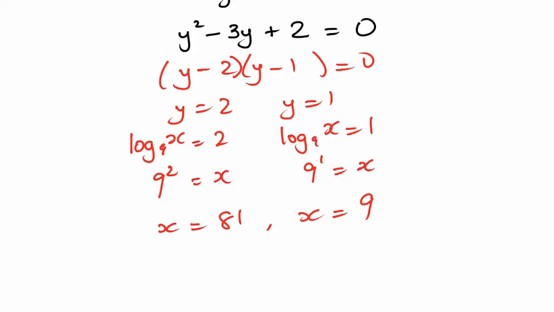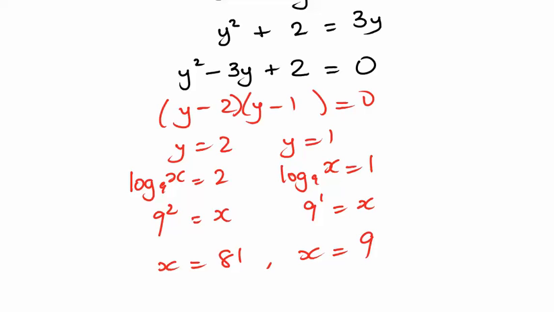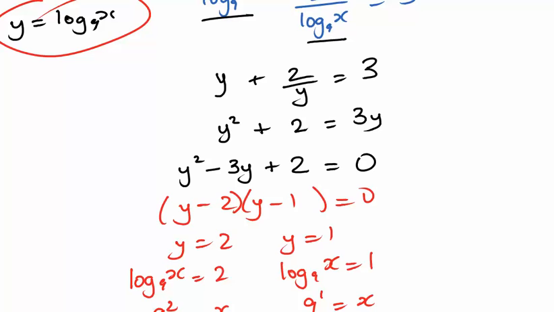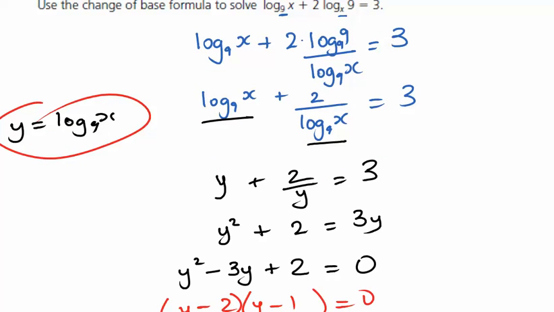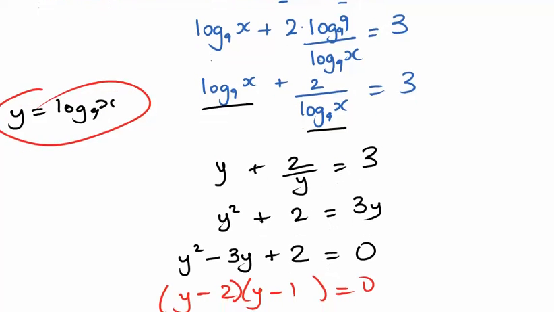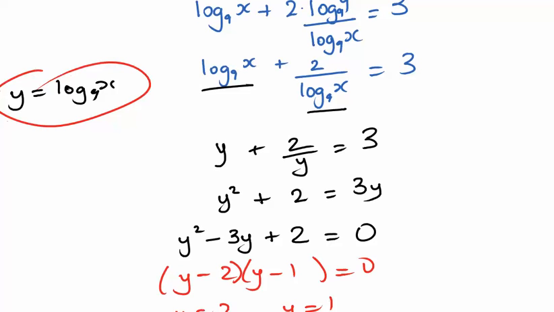And there we can see how it's useful to be able to change bases. I think that question, even with a calculator, would have been fairly tricky to do, perhaps even impossible. So being able to change bases of our logs is going to help us with that type of question. Okay, have a go at some questions for yourself.